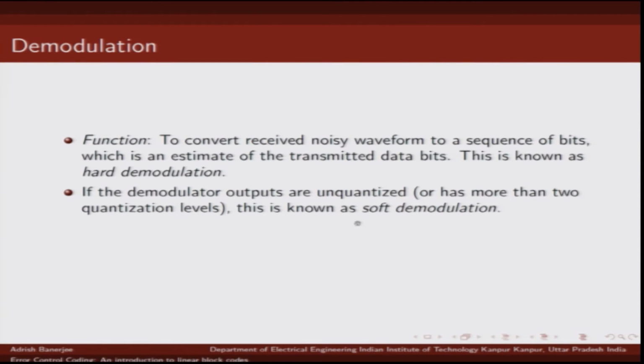There is also something called soft demodulation. What if we take the received noisy values of the sequence and, instead of quantizing them directly to zeros and ones, keep them unquantized? This type of demodulation is known as soft demodulation. Now, what is the advantage of soft demodulation?